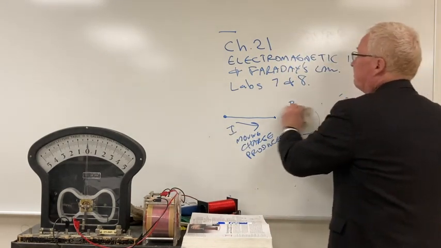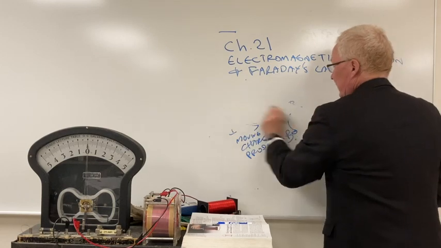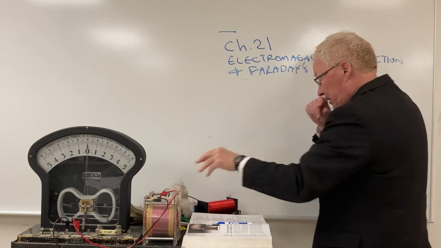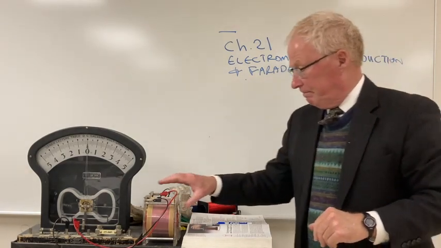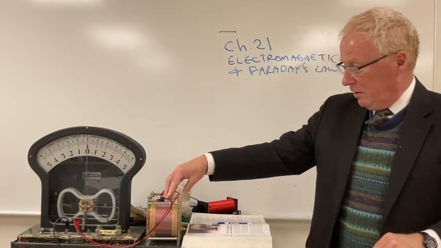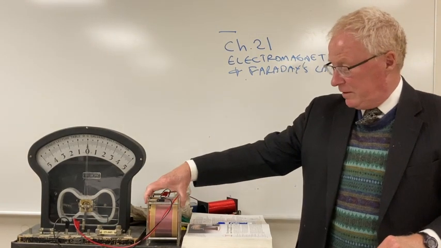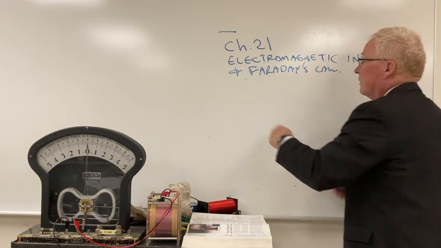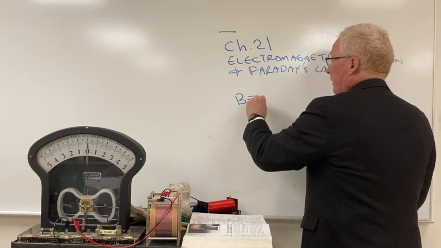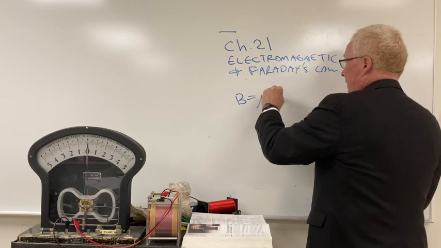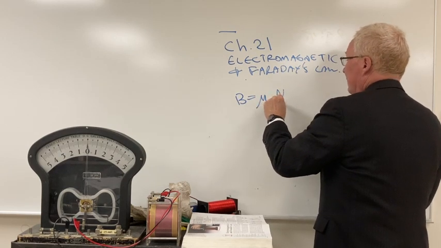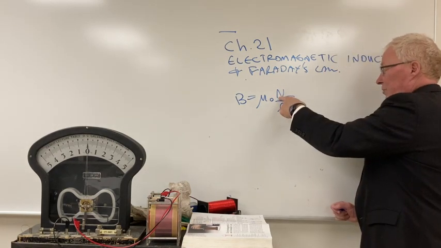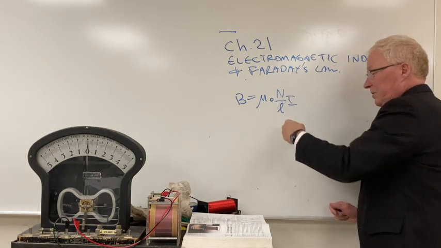So I will erase this. And the way we can do this is, as we've seen earlier, if we have a current, the magnetic field in a coil is given by mu naught N I over L, where N is the number of turns, L is the length.